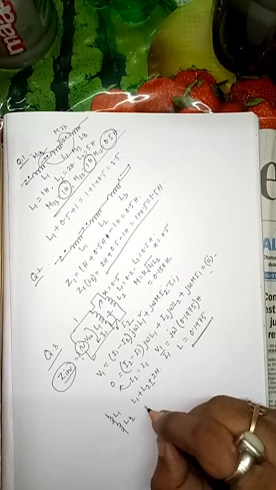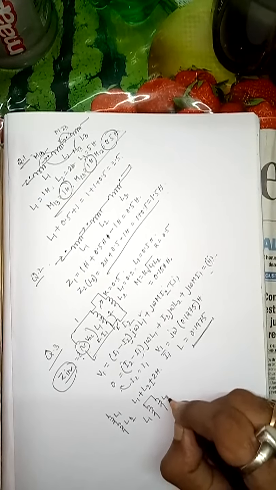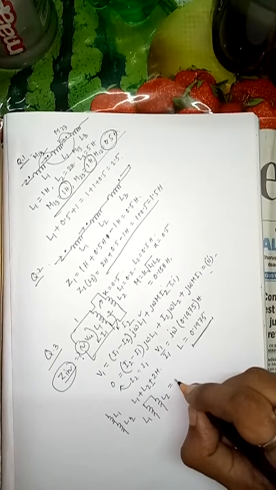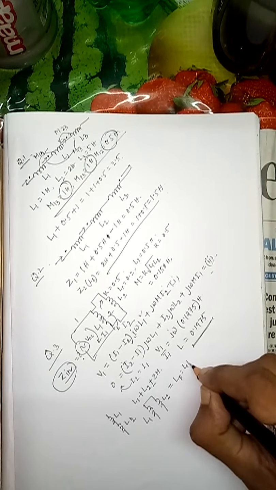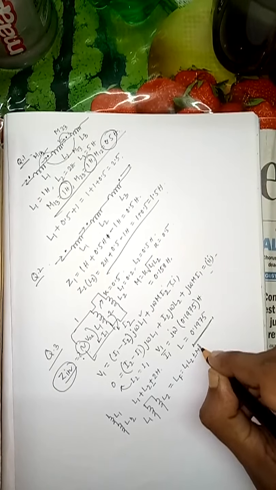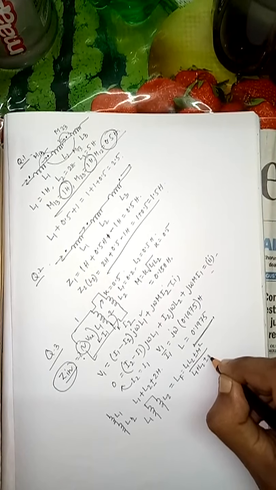Now if you are adding two inductors as a parallel one, L1 L2, so what is the final value? That is L final. This is L1 L2 plus minus of M square divided by L1 plus L2 plus minus of 2M.